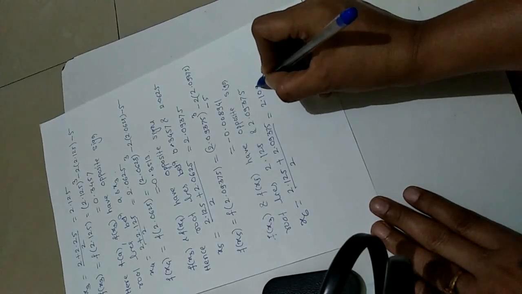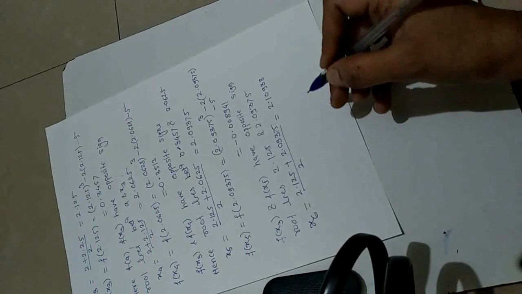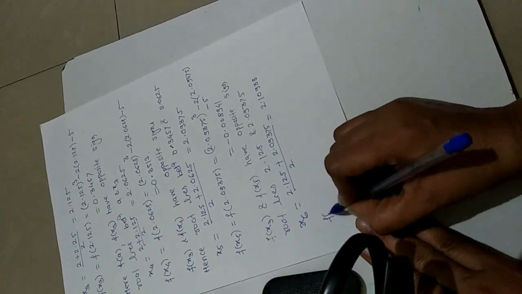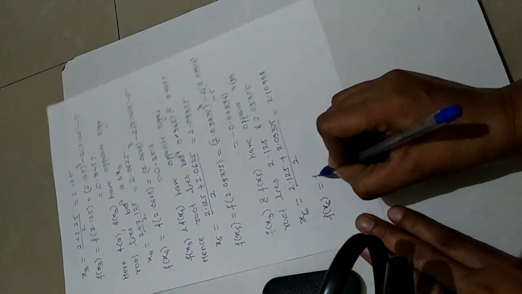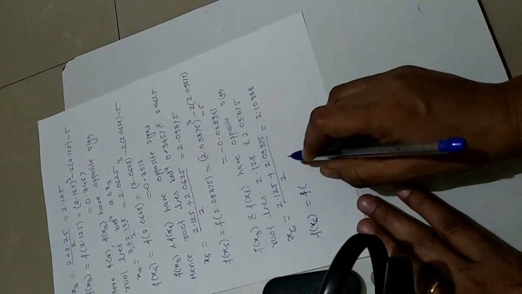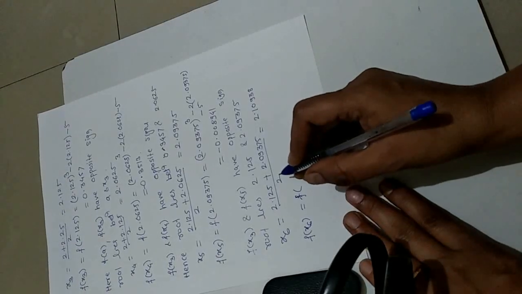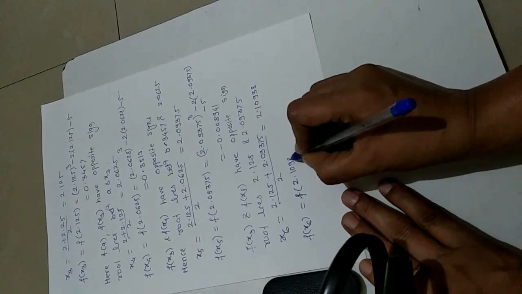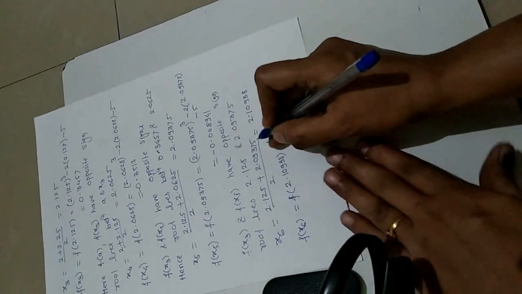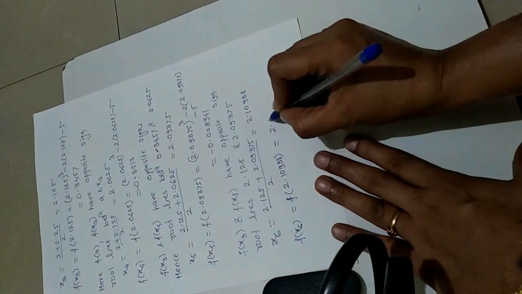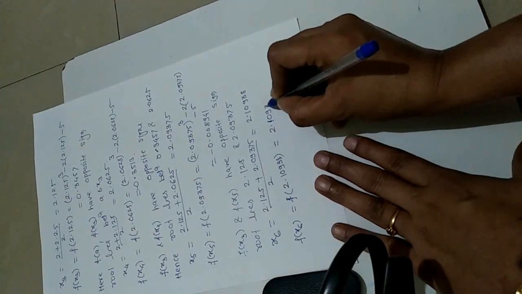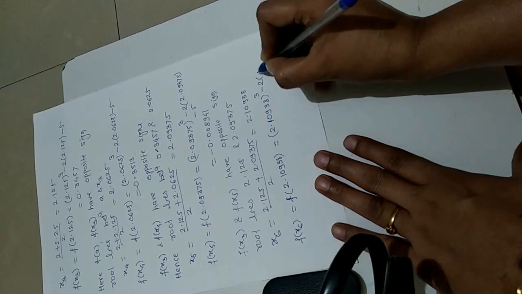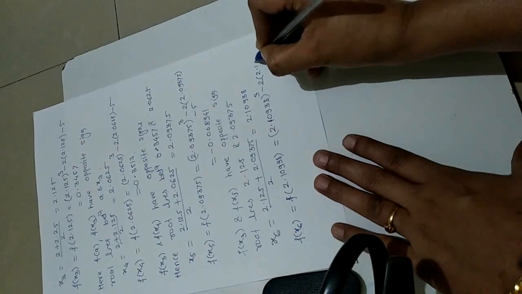Then again find f of x6, that is f of 2.10938, which is 2.10938 raised to the power 3 minus 2 into 2.10938 minus 5.